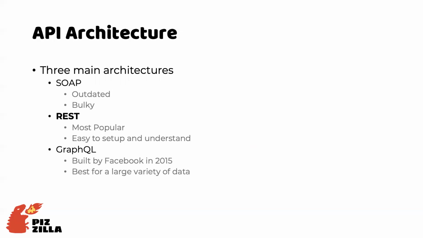It's by far the most popular today, and it's really easy to set up and understand. GraphQL is one that you'll start to hear about more. It was built by Facebook and released in 2015, and it's really good for a large variety of data. When you have data that isn't necessarily related, it's easy to make very complex queries in one call. But today we'll talk about REST APIs.